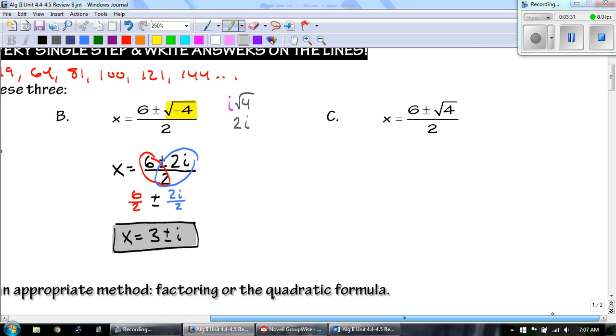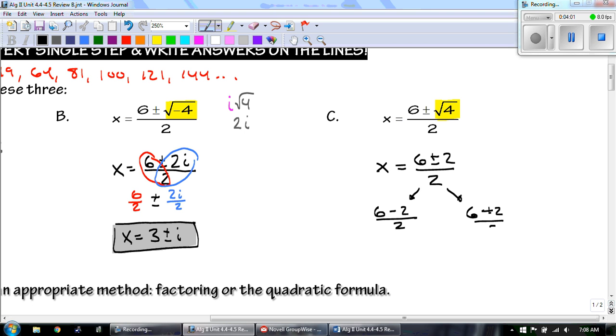Okay. And another thing that could happen is, when we look at it, it just ends up being a perfect square, and we have x equals 6 plus or minus 2 divided by 2. And you're like, oh man, I don't know how to do that. Well, we would break it up into the two answers. 6 minus 2 divided by 2, and 6 plus 2 divided by 2.